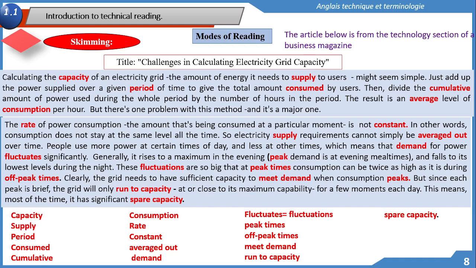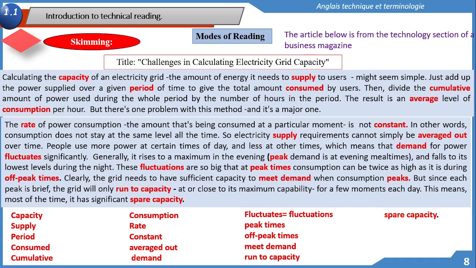Just add up the power supplied over a given period of time to give the total amount consumed by users, then divide the cumulative amount of power used during the whole period by the number of hours in the period. The result is an average level of consumption per hour.